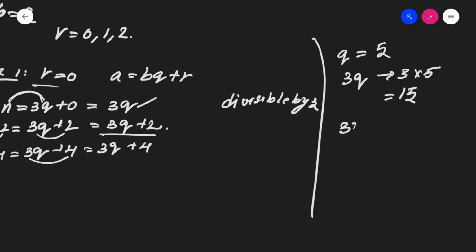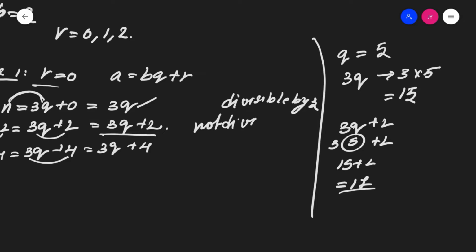Next one, 3q plus 2. So 3 into 5 plus 2. 3 fives are 15 plus 2, it is 17. Is 17 divisible by 3? No, it is not divisible by 3.